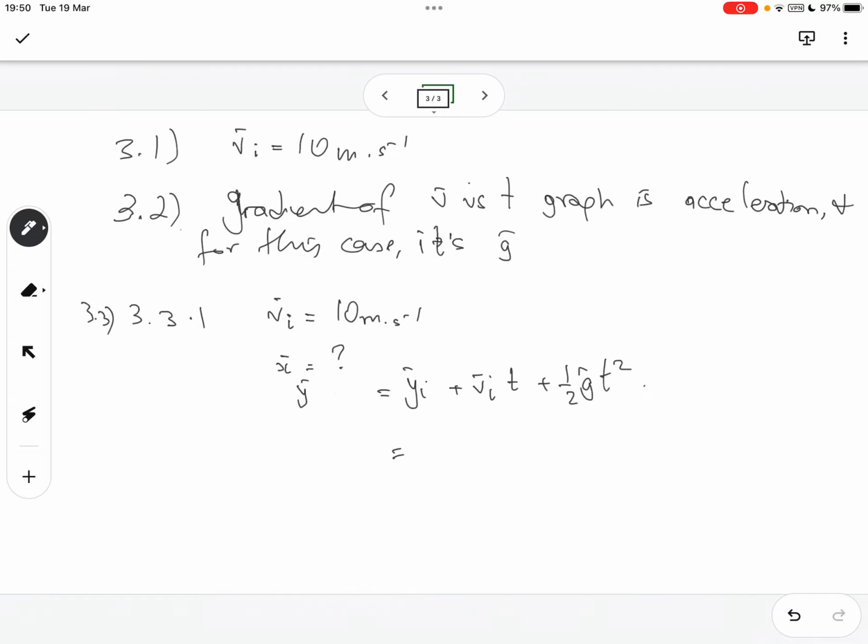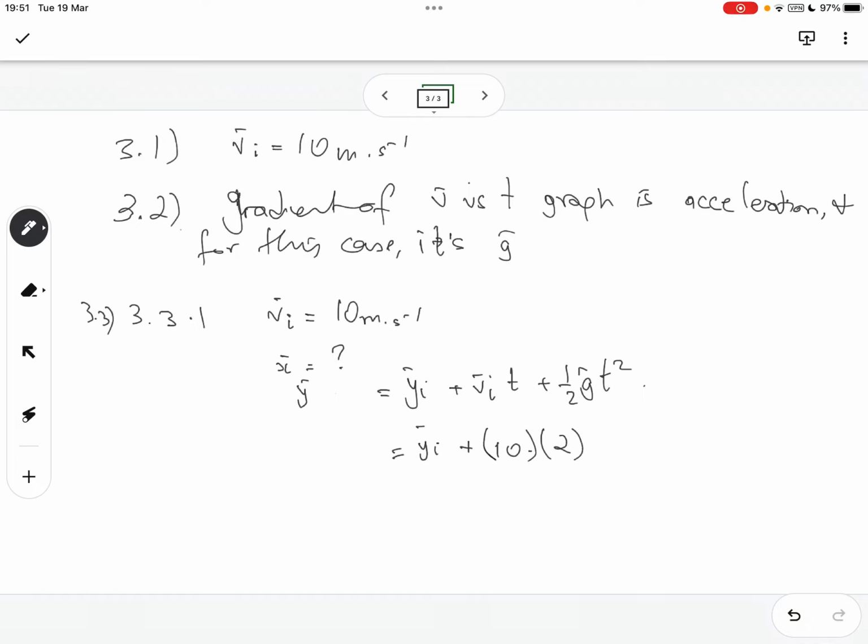We know that initial velocity is 10, and so between 10 meters, which is at a certain height, yi, you said it's times 2.